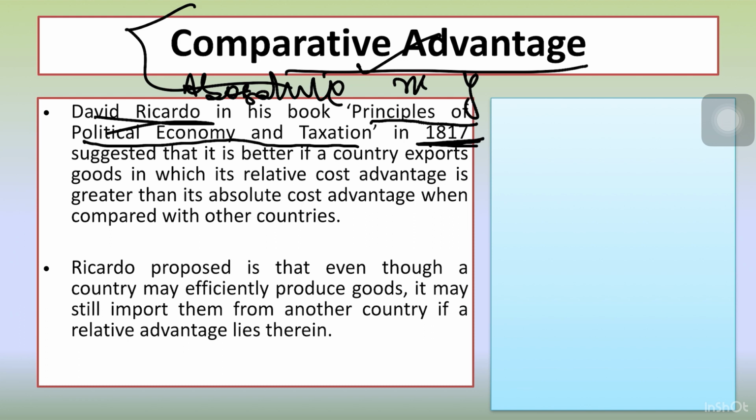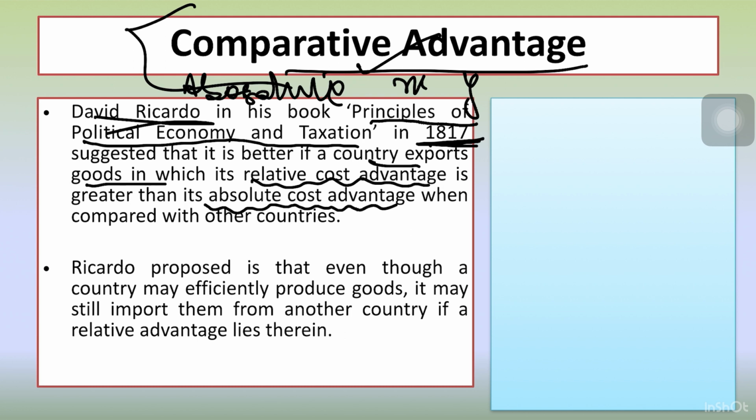What he said is that a country is better off exporting goods in which its relative cost advantage is greater than its absolute cost advantage when compared with the other country.